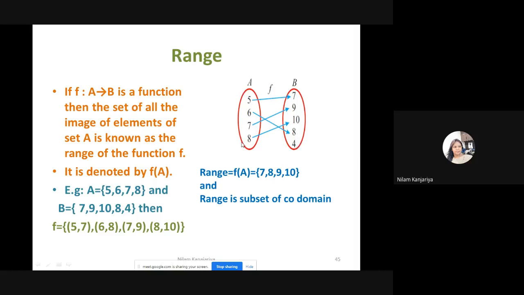Our definition says every element of set A is making a relation, so we need the B set. So what is the range? The collection of set B which is related with A.